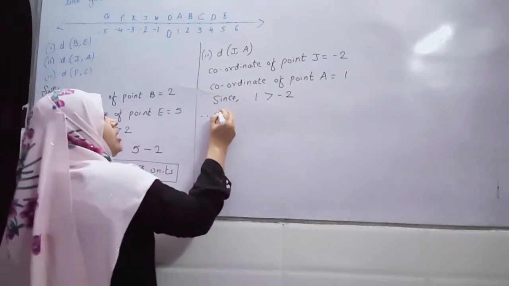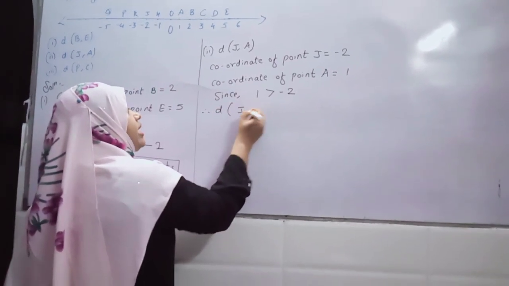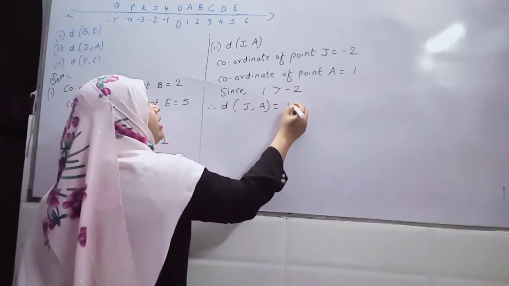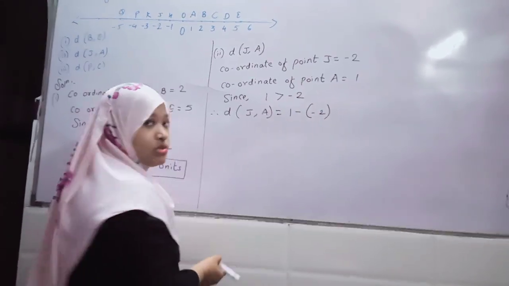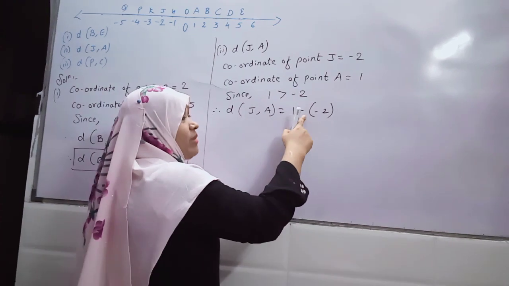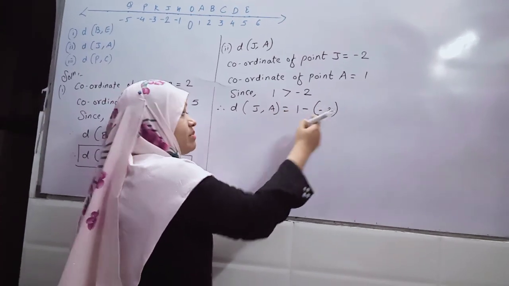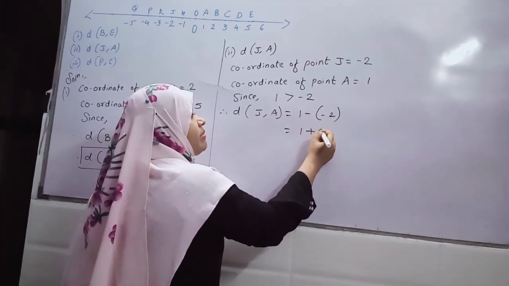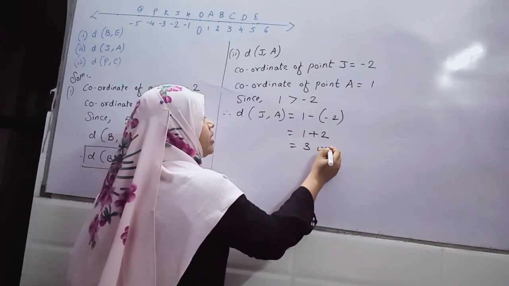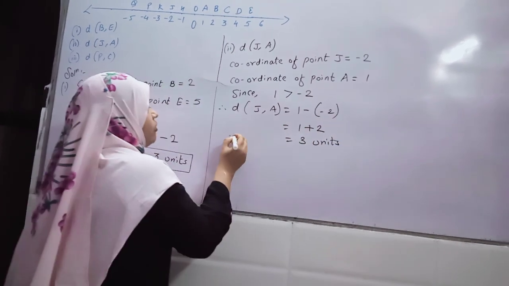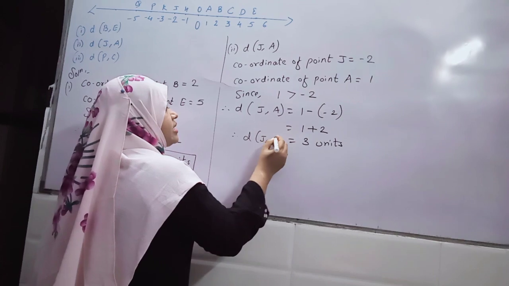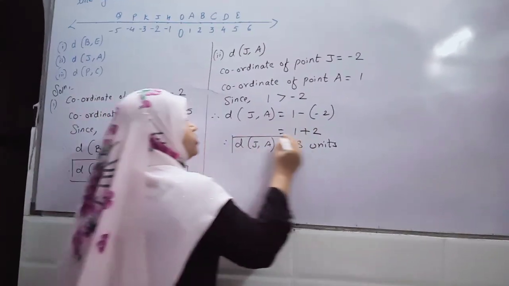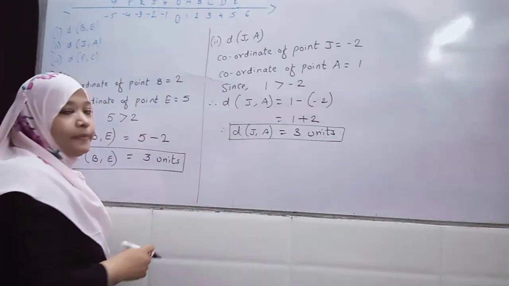So the distance of J and A is 1 minus minus 2. Minus minus becomes plus, so it is 3. Write units. Distance of J and A equals 3 units.